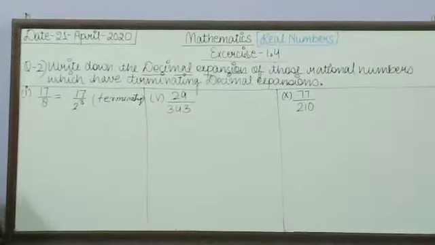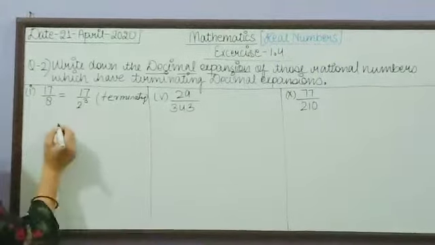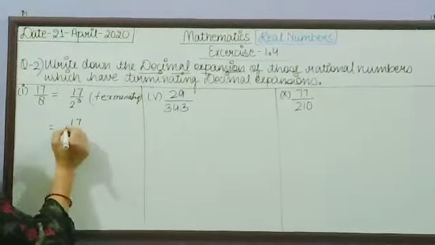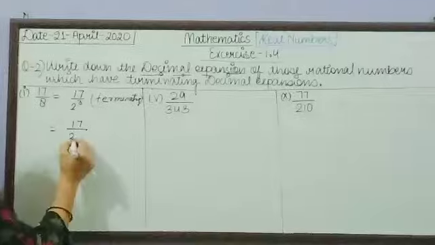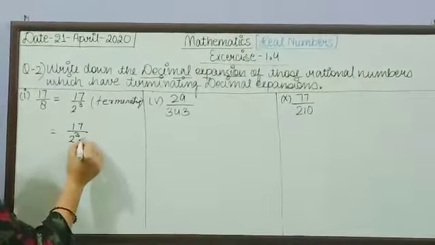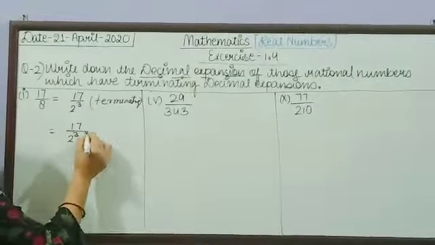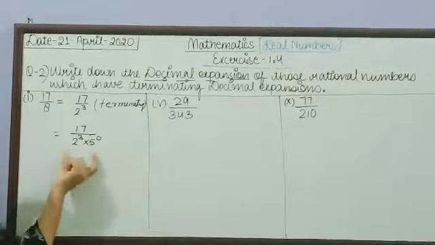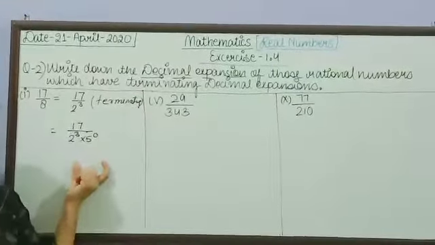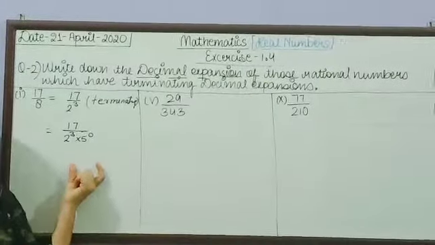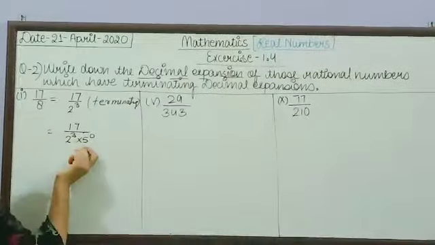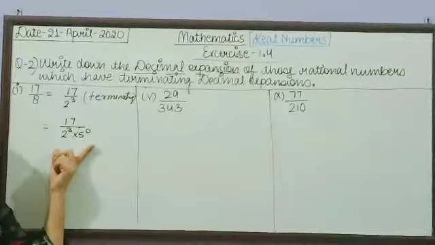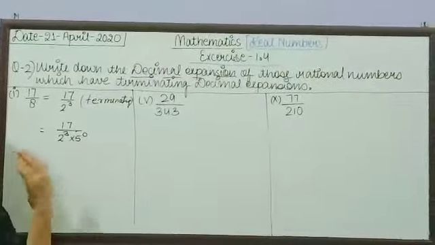And as it is terminating, we have to convert it into decimal expansion. How will you do it? You will write it in the form of 17 upon 2 raised to the power 3 into 5 raised to the power 0. If we don't want to go with the long division method, we always take a 5 or 2 to complete the denominator as a power of 10.